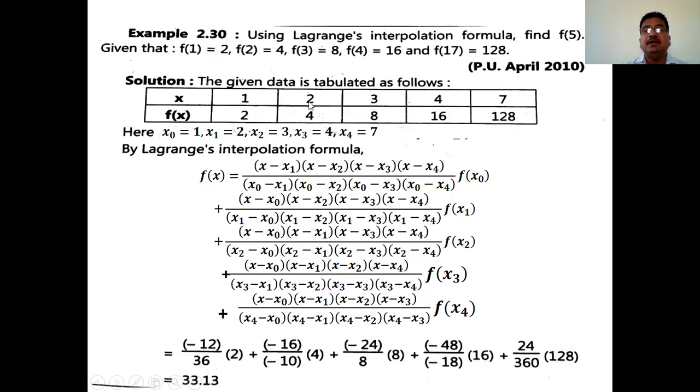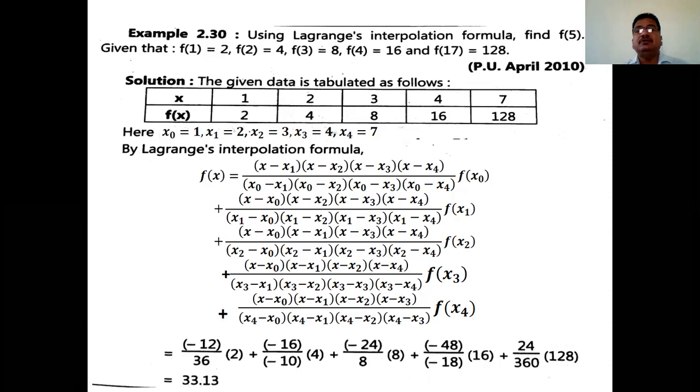The distance between 1 and 2 is 1. 2 and 3 is what? 1. 3 and 4 is 1. But the distance between 4 and 7 is what? Not 1. It is 3. And therefore the values of x are not equidistant, and therefore we cannot use Newton's forward interpolation formula or Newton's backward interpolation formula.